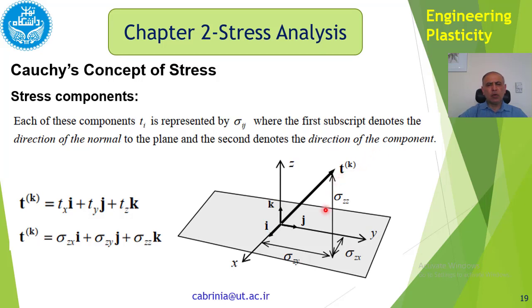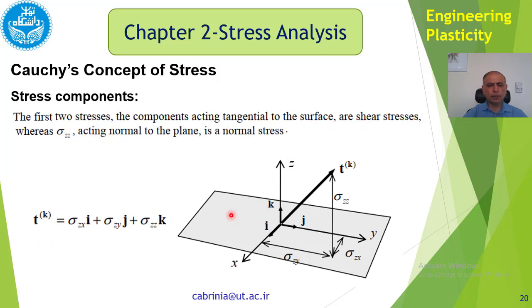This is customary, especially in books written by mathematicians. Mathematicians usually take these indices opposite to what we take in engineering. So engineers take it like this, but mathematicians take it the opposite. But don't be surprised if you see such a notation later on. Okay then.